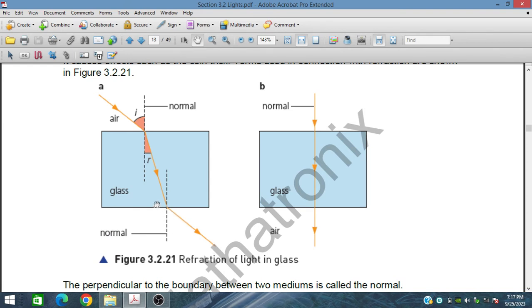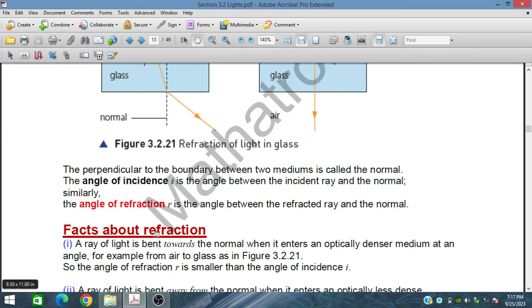So if we extrapolate this to this position and extrapolate this, then these two lines are parallel. So these two lines are parallel. This is also a fact about refraction.